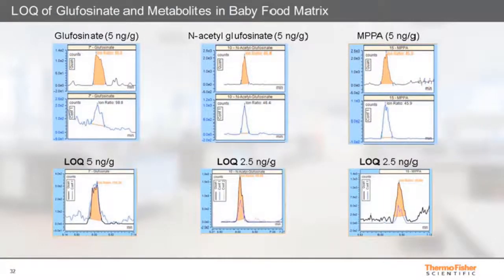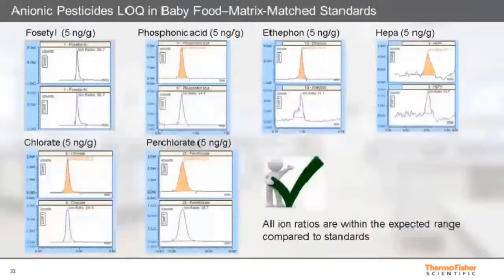And now glufosinate and metabolites, and for the other analytes as well. The ion ratios were within the expected range compared to the standards for all of the analytes shown on all 3 slides.